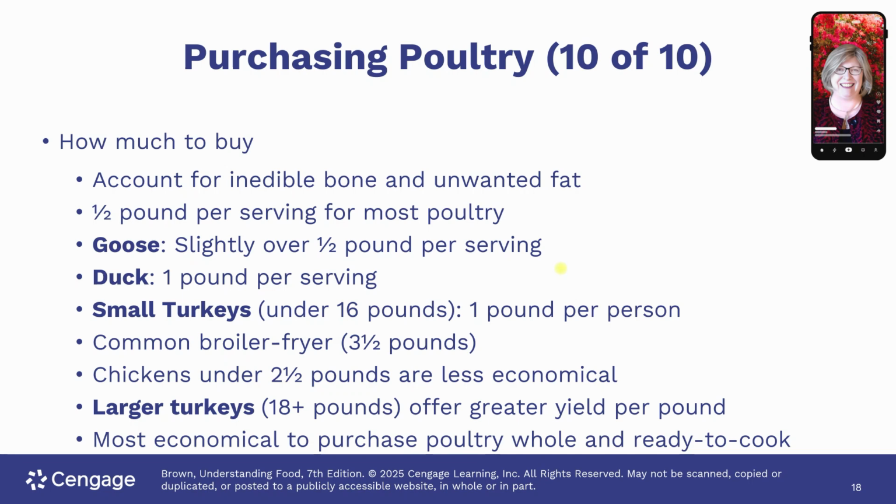And then chickens that are under 2½ pounds are really less economical because of the amount of bone per meat ratio. Larger turkeys, which are 18 plus pounds, they offer a greater yield per pound, and that's good to know. And they are the most economical. The most economical way to purchase poultry is whole and ready to cook.